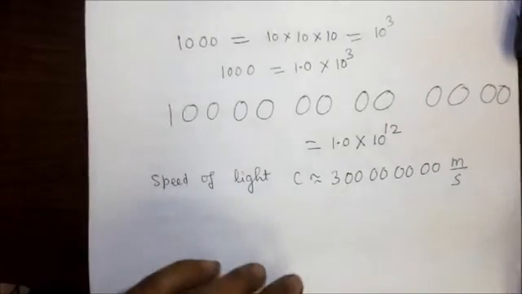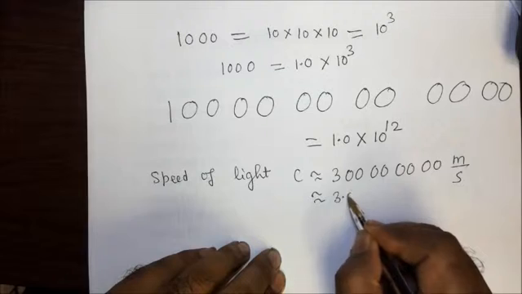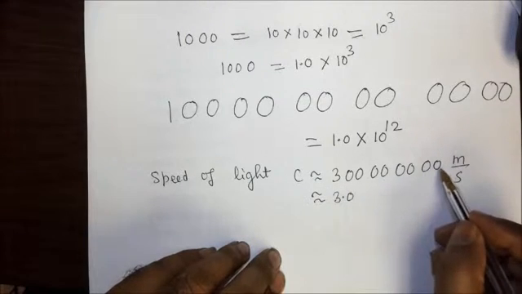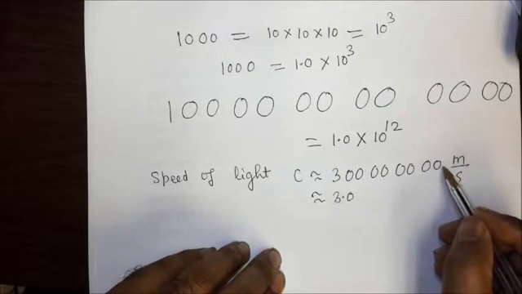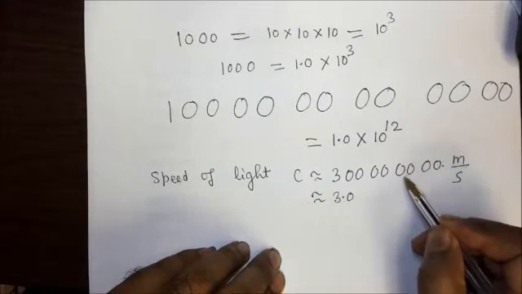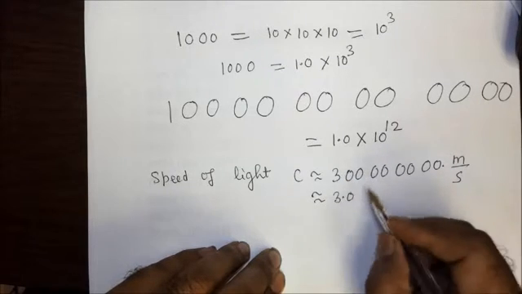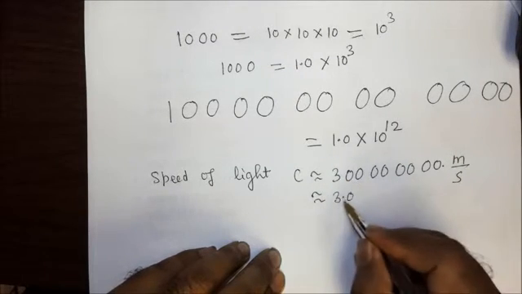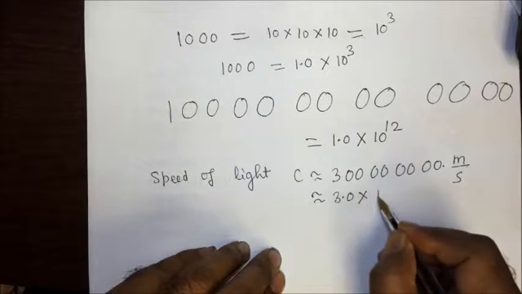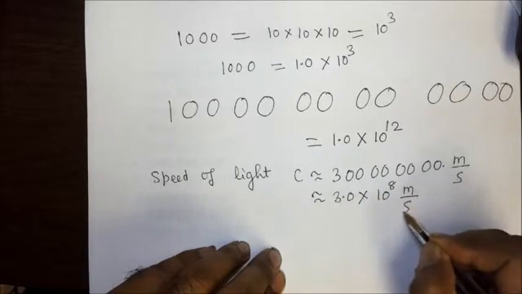Okay, so this is written as 3.0. Think that the decimal is right here, so you are moving 1, 2, 3, 4, 5, 6, 7, 8 places, and you put the decimal here, so you write 3.0 times 10 to the power 8 meter per second.